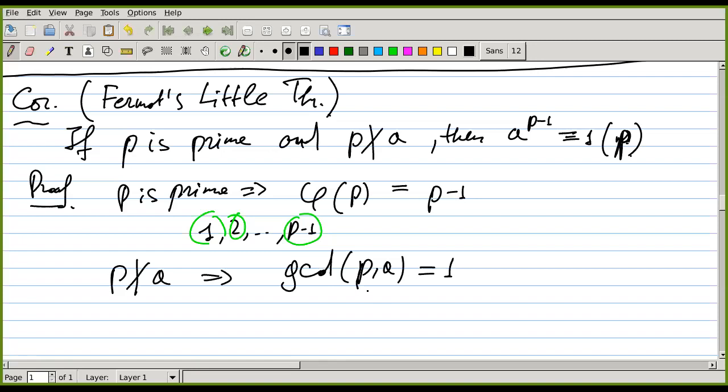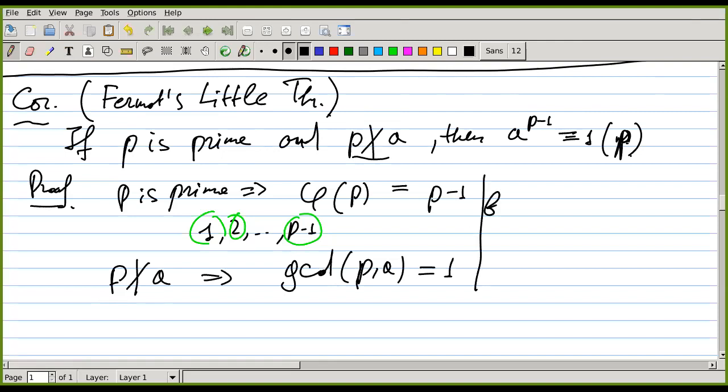But A is not divisible by P by assumption. So they must be co-prime. They can share no prime divisor, because the only possible such divisor is P, but A is not divisible by P.